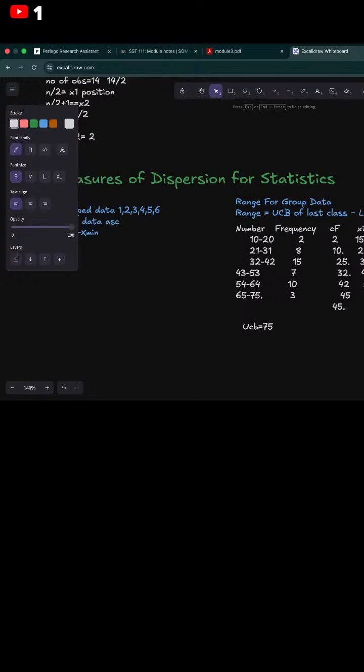Then the lowest class boundary is, I think, 10. So our range should be 65.